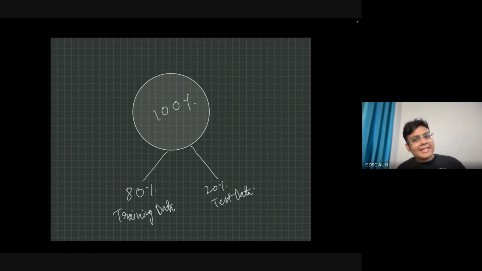Now, everything that we are going to do, for example, we are going to clean it, we are going to build the model, anything and everything that we perform in a machine learning experiment is going to be with the training data. We are not going to touch the test data. The test data is going to be raw, right? Although it'll be cleaned, because we need to make sure that if we are giving it to the model, it does not get confused with some missing values or something.